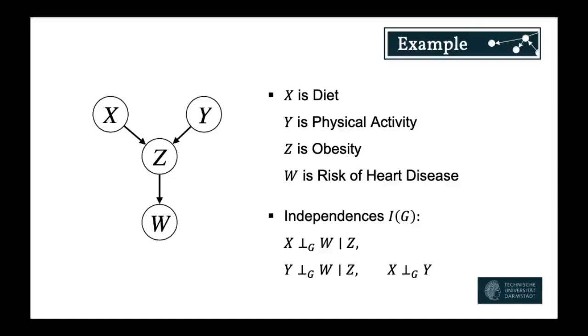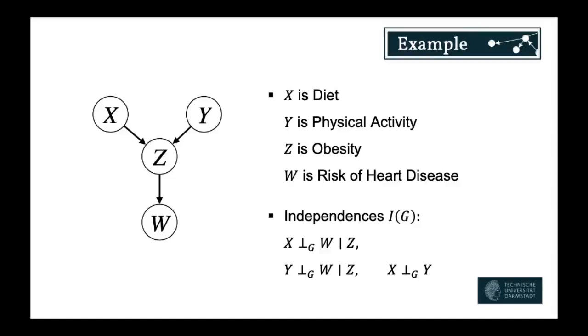So I'll keep going. The independencies we are denoting by the set I of G. So G is the graph we use, and then, you know, it implies some independencies. In this case, independencies, we already call them like that. This is just the d-separation statements, right? So for example, we see that, you know, X is d-separated from W given Z, right?